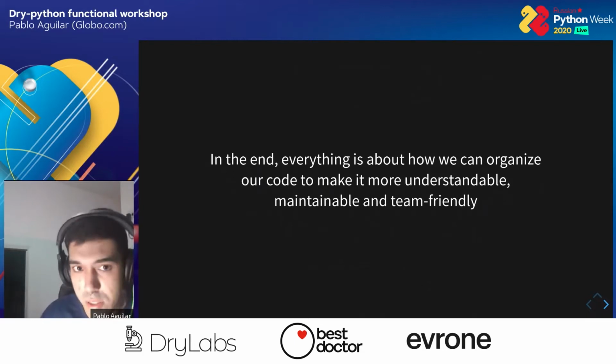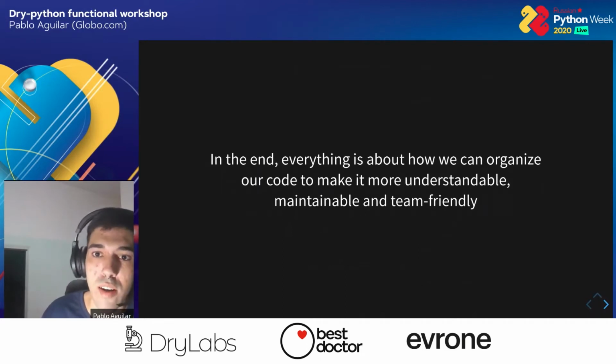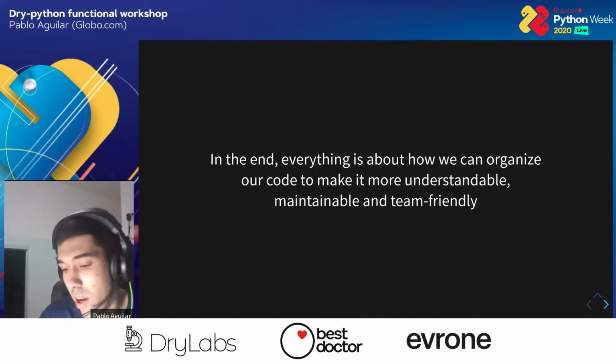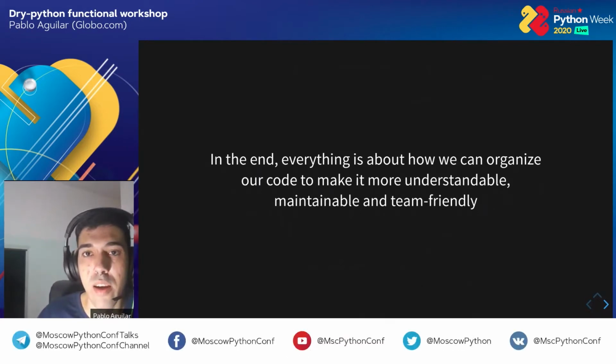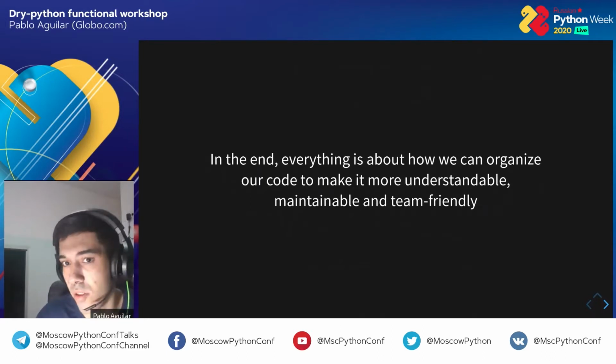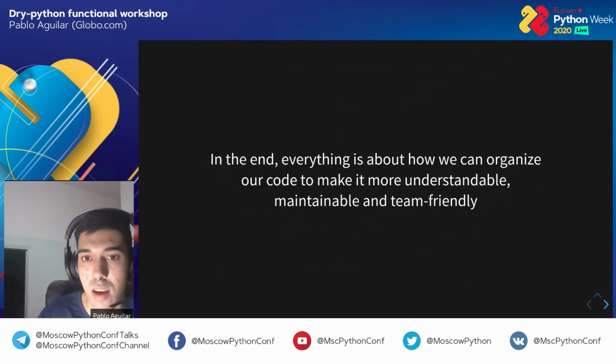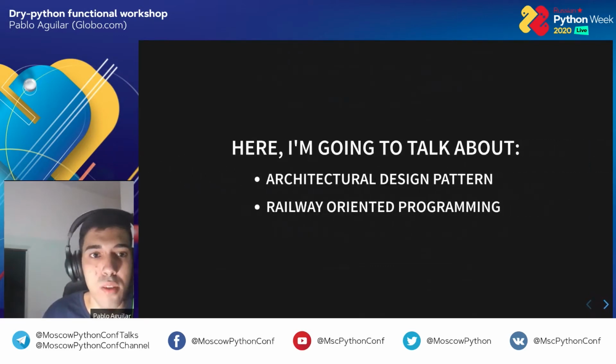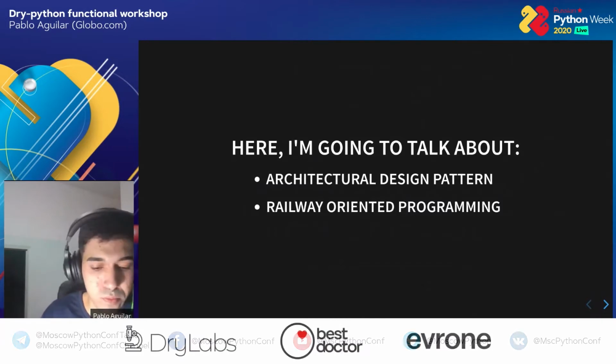We work on a team. We can organize our code in many ways as well, like dividing it using functions, classes, files, or modules. And in this talk, I want to talk about an architecture design pattern and railway-oriented programming too.